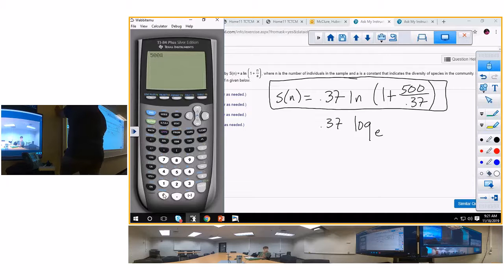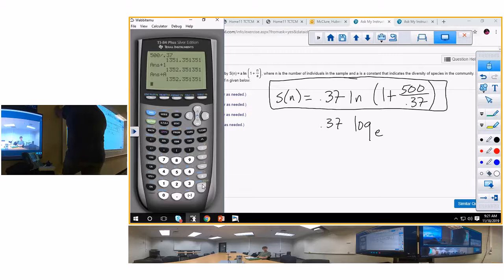500 divided by 0.37 equals, plus 1. Everybody got that? Store, you know where, and then alpha, and we'll call it A. Everybody good?